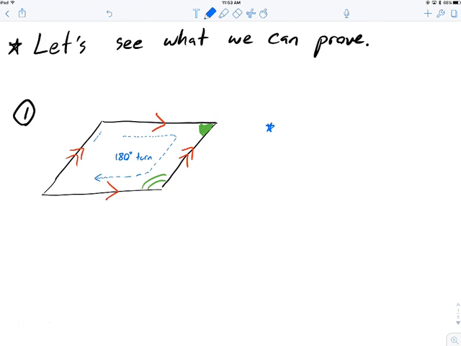If I was going up this side and make a turn and then make another turn, again, a 180-degree turn. Since each pair of opposite sides are parallel, then we know consecutive, meaning one after the other, consecutive angles are supplementary, or add up to 180 degrees, okay? So that's going to be one useful trick. Now let's see what else we can prove.